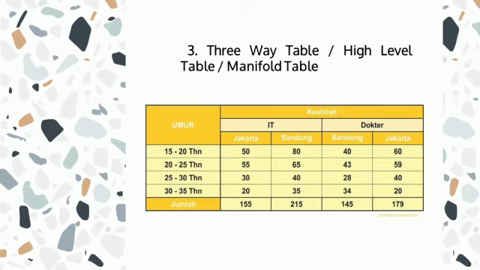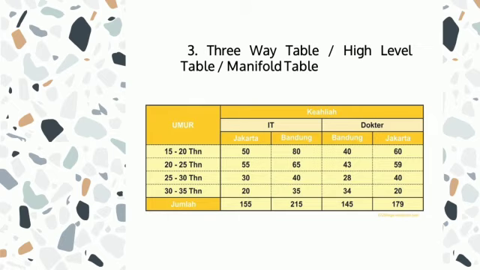And the last is three-way tables, or high-level tables, or manifold tables. A three-way table presents the relationship between three criteria at once, such as a table containing data on population by district, gender, and age, or student data by sex, religion, and major.